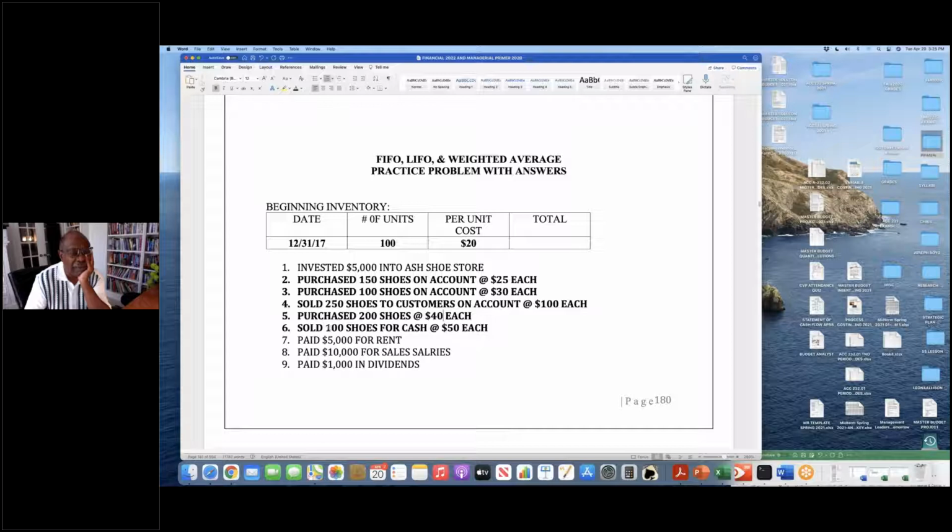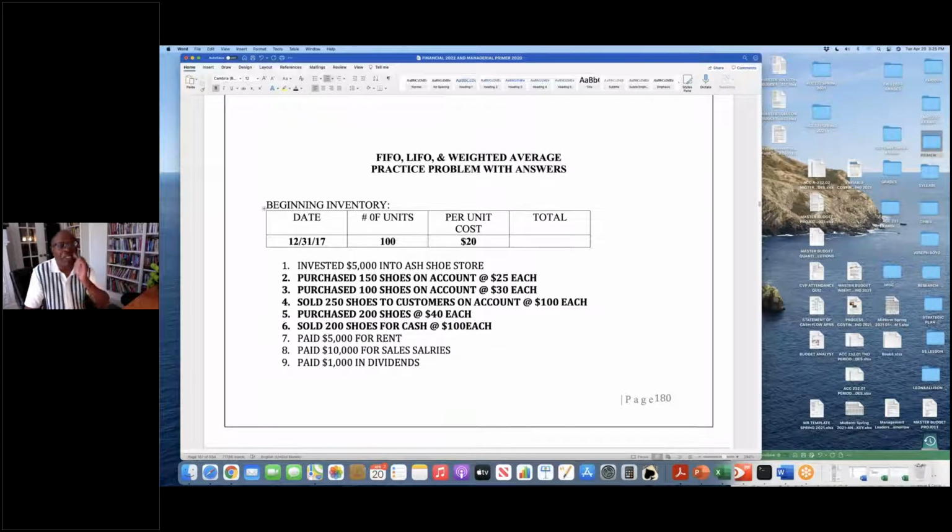Anyways, I think I got it, Professor. Good. All right, work this next one out then. I changed the facts. So we got 100 in beginning inventory at 20. Then we're buying 150 at 25, 100 at 30, and we're selling 250 at 100.